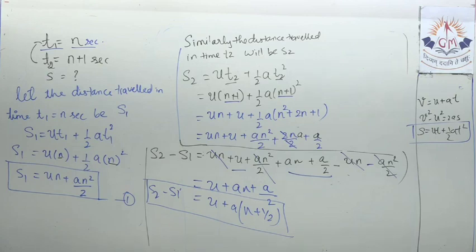Be quick in noting it. You have 2 minutes time. Quickly note it. Then I'll teach you the application of this formula. I'll teach you one question on the basis of this. This is a very important sum, note it down.